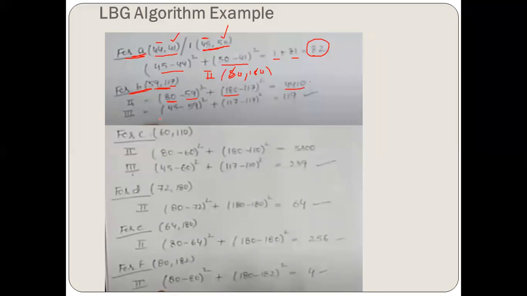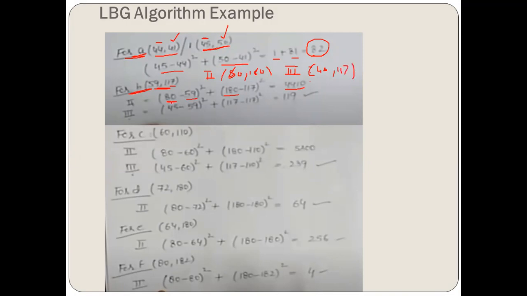For third we are going to find out, so it will be 45, because for third the value is 45 comma 117.